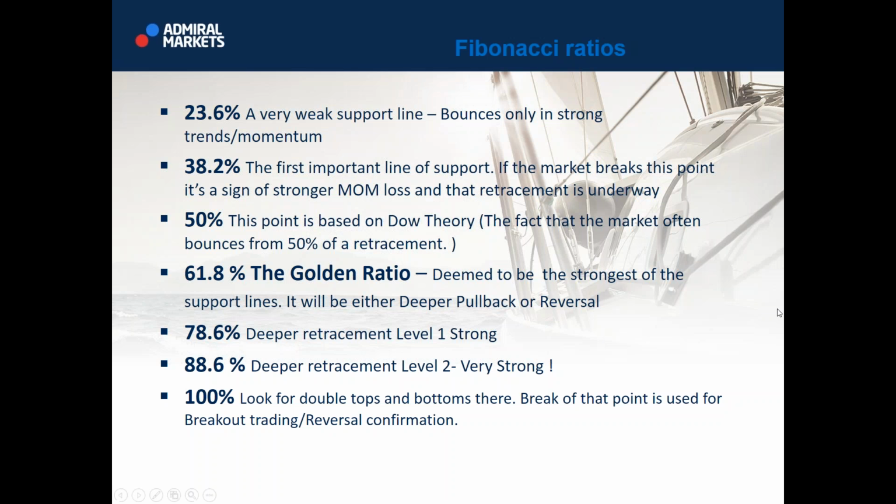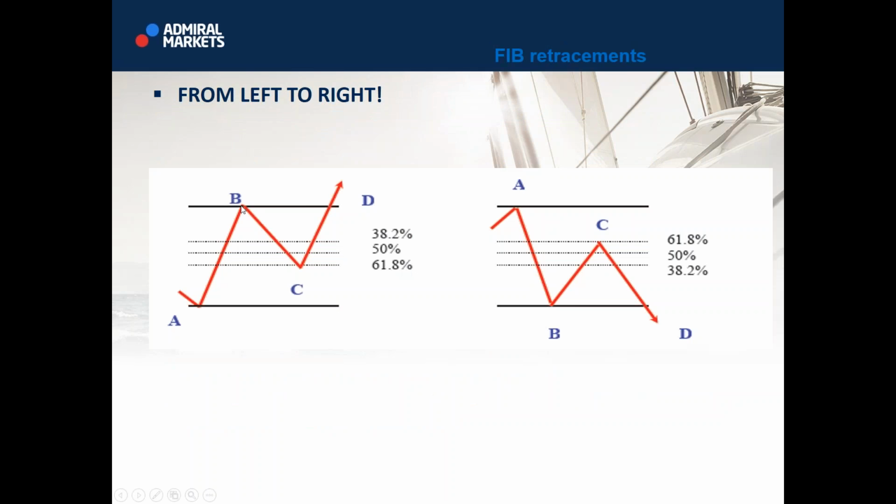So when you draw Fibonacci, you are actually drawing the swing. We always make our Fibonacci retracement or a swing from left to right. We never ever go from right to left because we don't want to follow the present into the past. We want to follow past into the present.